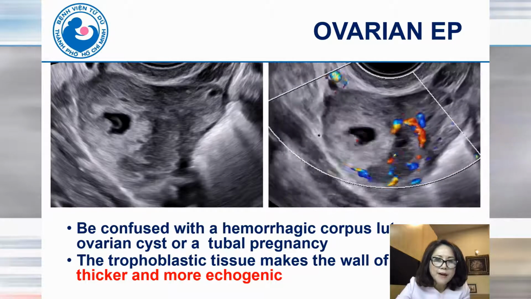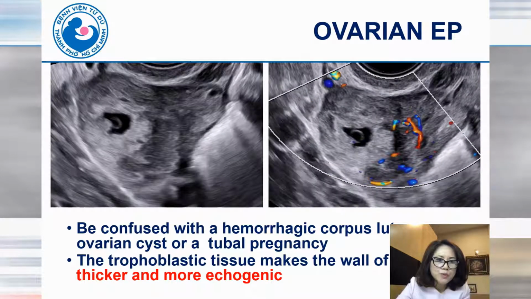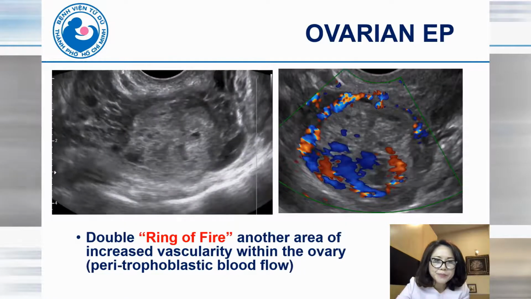However, in ovarian ectopic pregnancy, because of the trophoblast tissue, the wall of the mass is thicker and more echogenic compared with a corpus luteum, ovarian cyst, or tubal pregnancy.